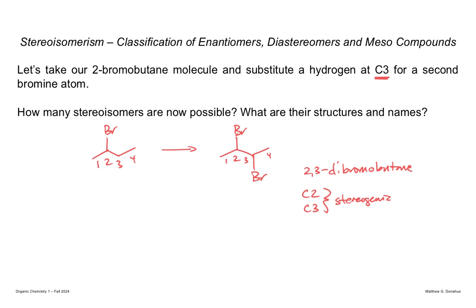Maybe one thing to point out, a trap you don't want to fall into is, when you're looking at a carbon and doing the test for whether it's a stereogenic center or not, you're looking at the directly bonded atoms, but don't get too focused on that. Look at the rest of the molecule as well, just so you don't eliminate one by mistake.